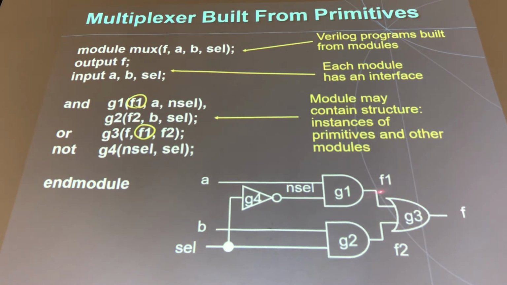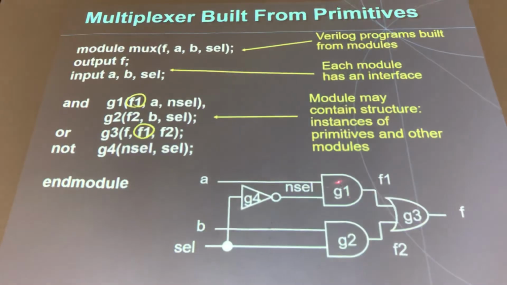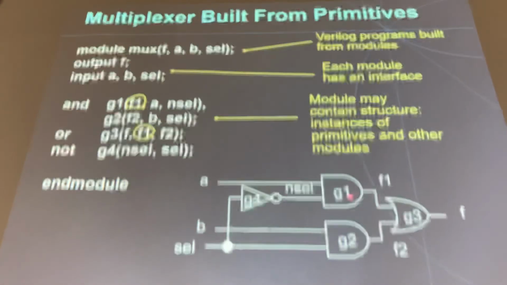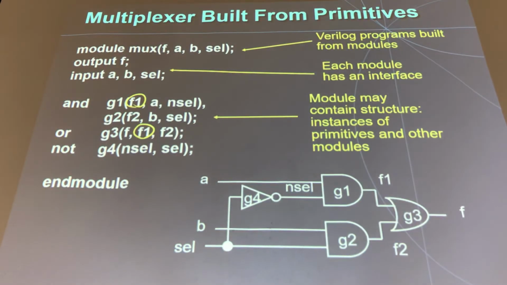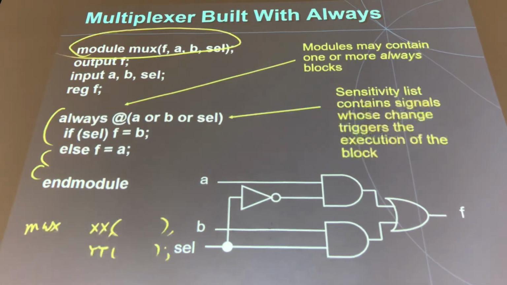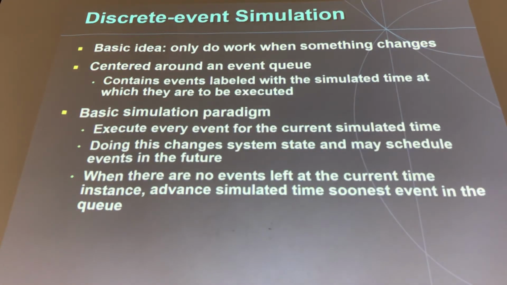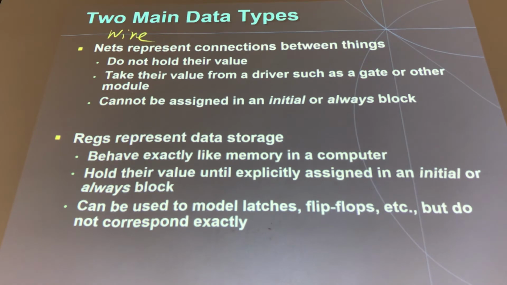F1 is a wire, the signal comes from the output of the G1 logic gate. And N is also a wire, the net. That's for the output of this module. So this is for net or wire.